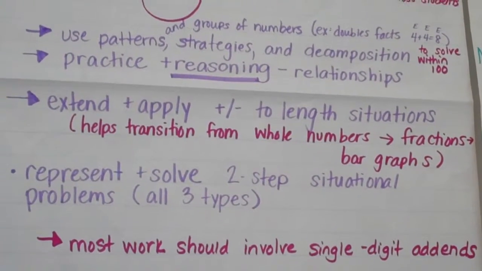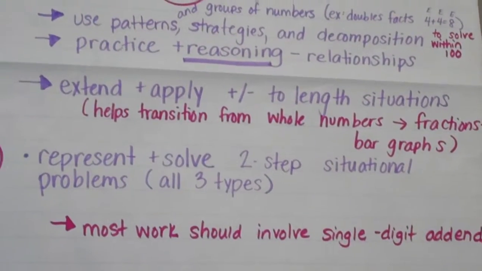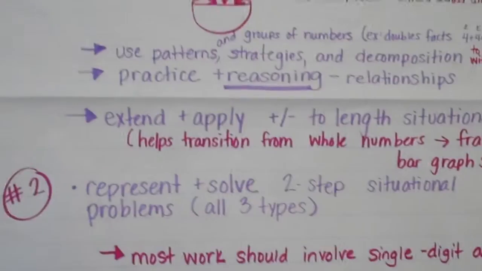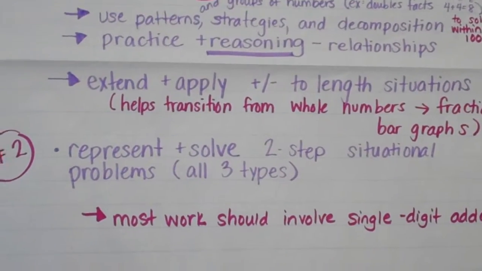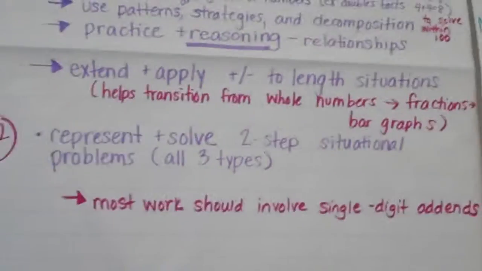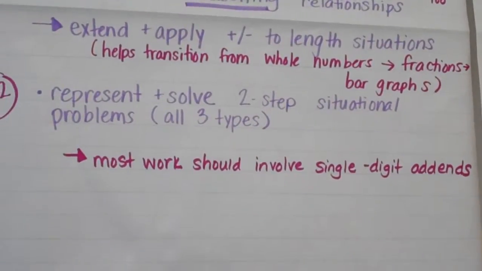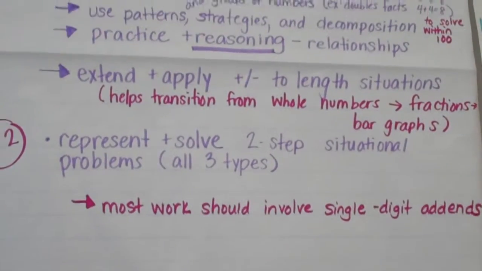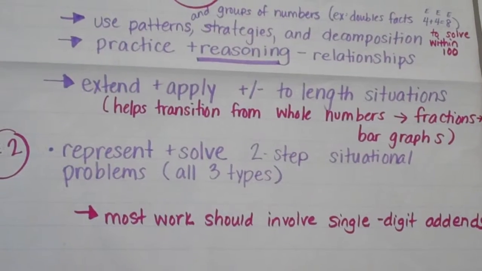That's also part of this standard. And it's basically the precursor to 3rd grade, in terms of we're helping students transition from the whole number to fractions and bar graphs representing. So again, it's using that flexibility, your reasoning, relationships, and how that transfers into other domains, if you will.